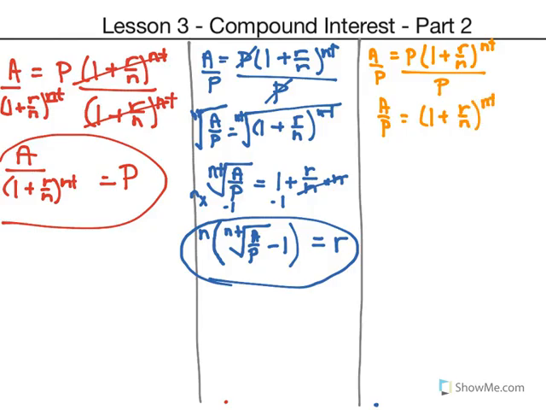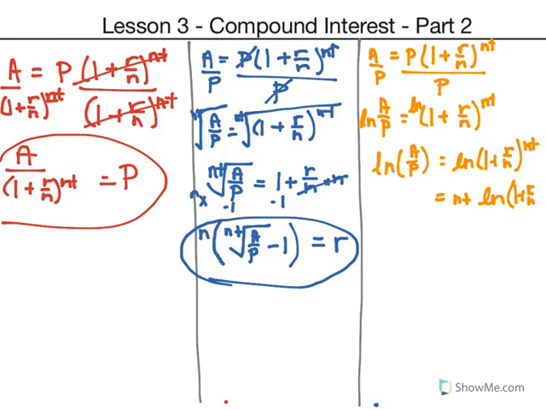Now we're going to take the natural logarithm of both sides. So we have ln of A over P is equal to ln of (1 + r/n)^nt. Now we can always rewrite this with the exponent first, nt times ln(1 + r/n).